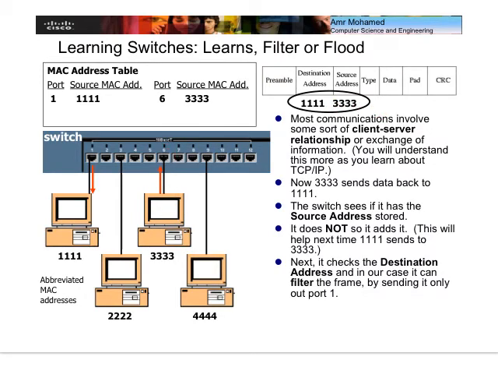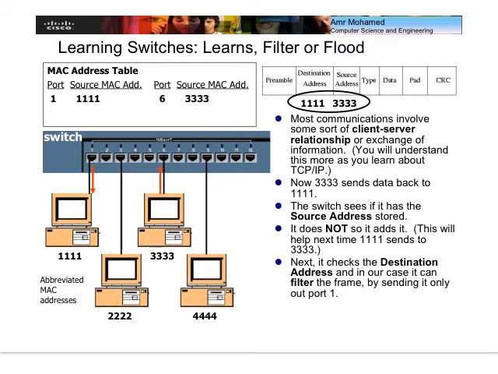Now, only then, the switch will learn that 3333 exists on port 6. So it will put in the table, port 6 has 3333. So hopefully next time, when 1111 tries to send any other message, it will not be broadcast anymore. It will go to a specific port.